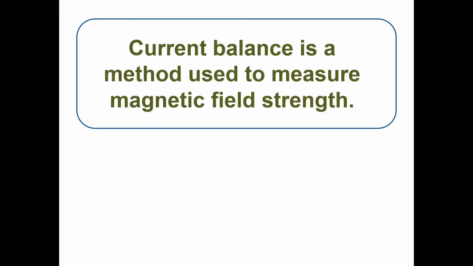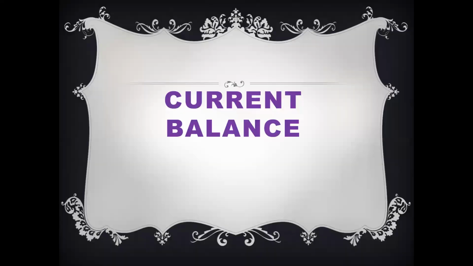Current balance is a method used to measure magnetic field strength, the same job which Hall probe was doing. But Hall probe has some issues. As mentioned, it is oversensitive, it's sensitive to temperature. So they thought of developing an alternate for Hall probe, and the first alternate that came was current balance.